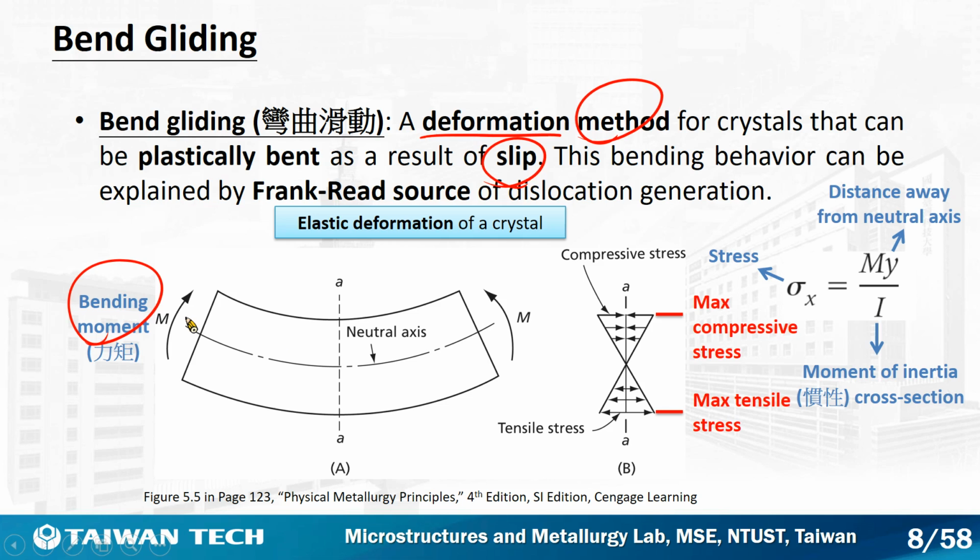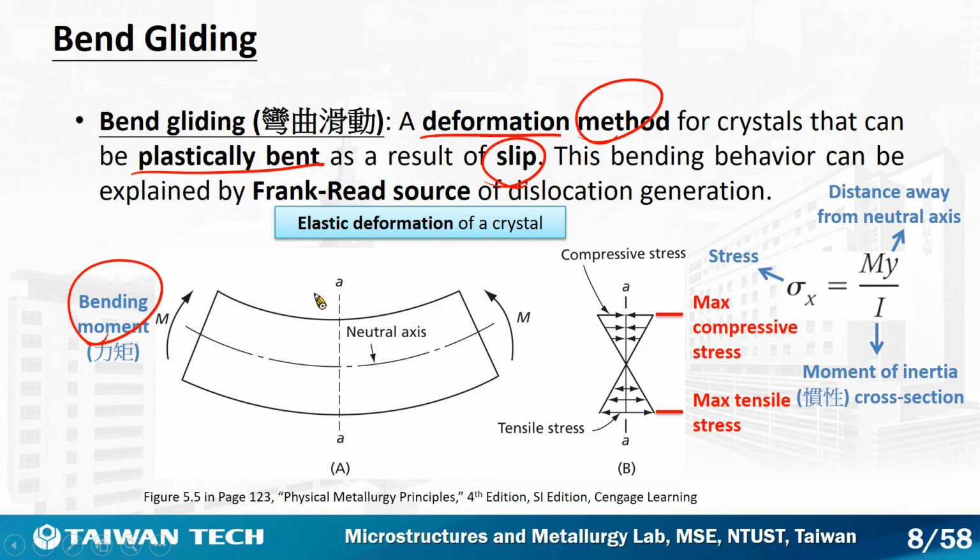We have an M here, and then it will experience physical bending. And what is the mechanism for this physical bending? Because for plastic deformations, we know that slip or climb will occur. And how about these bendings?